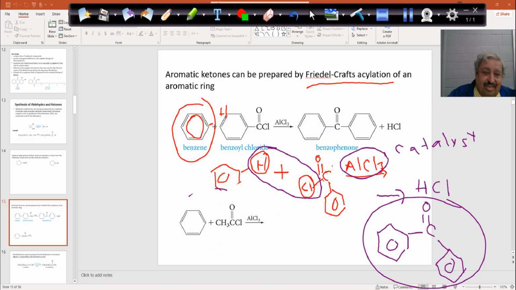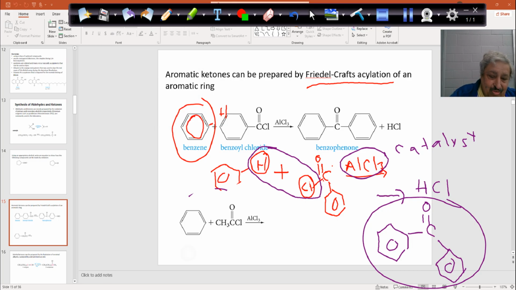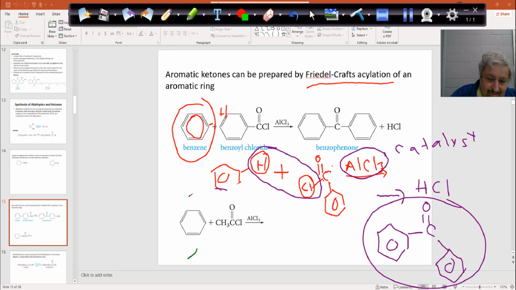So let's look at this. We said this is, let's put it this way. Let me have green. Green color is good. So this is my benzene ring, and this is the hydrogen here, correct? Are you following me here? Friedel-Crafts alkylation, acylation use a compound that has halogens inside.